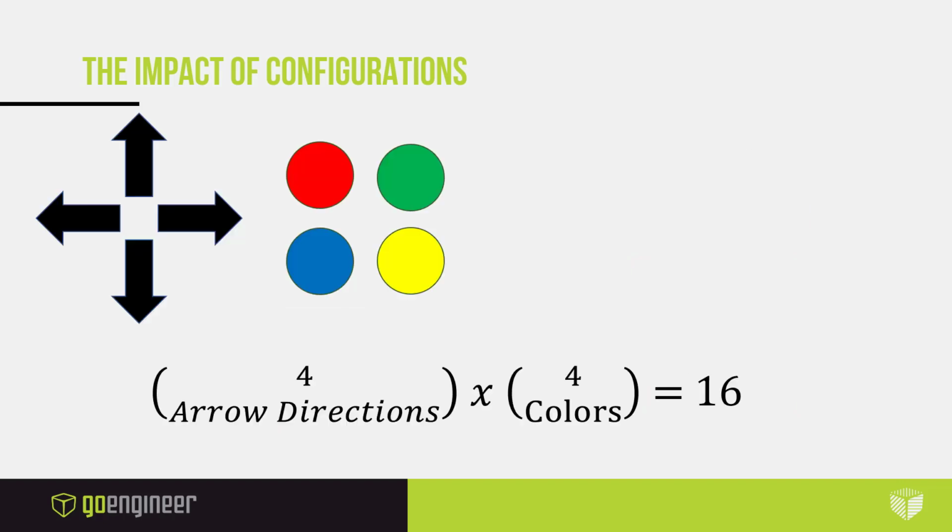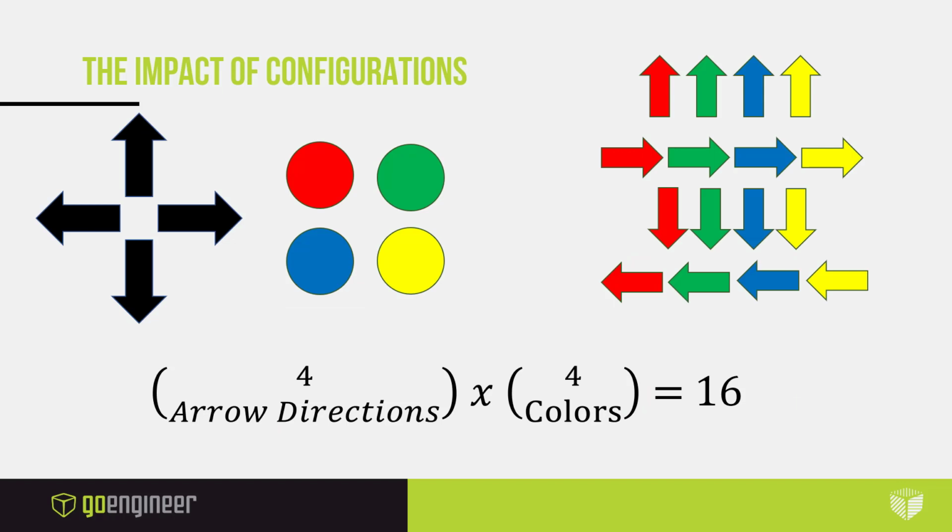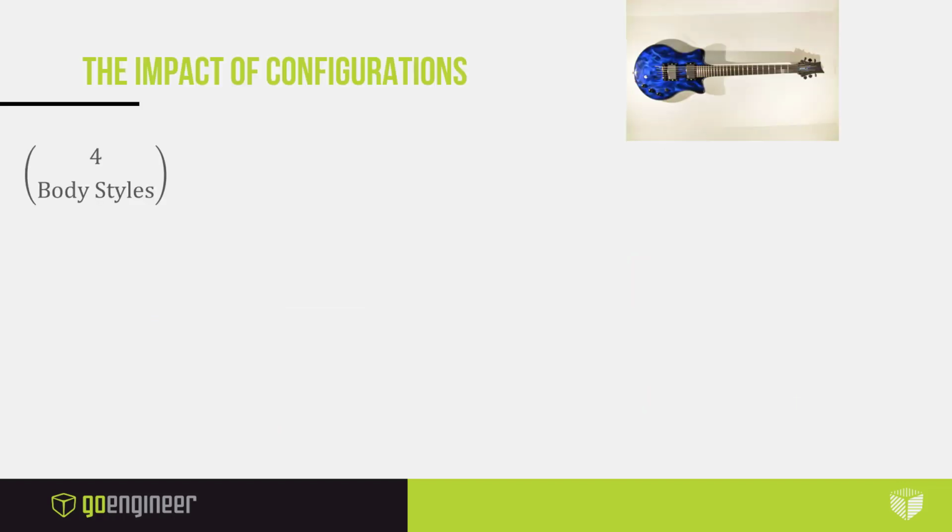We can have 16 different arrow combinations. And then you take that to a more complex, and not even that complex of a model or option styles. We have 4 different body styles. This guy's the Inferno. The Element is the blue flame one. The Havoc is the natural wood one, and there's also an Ignition.